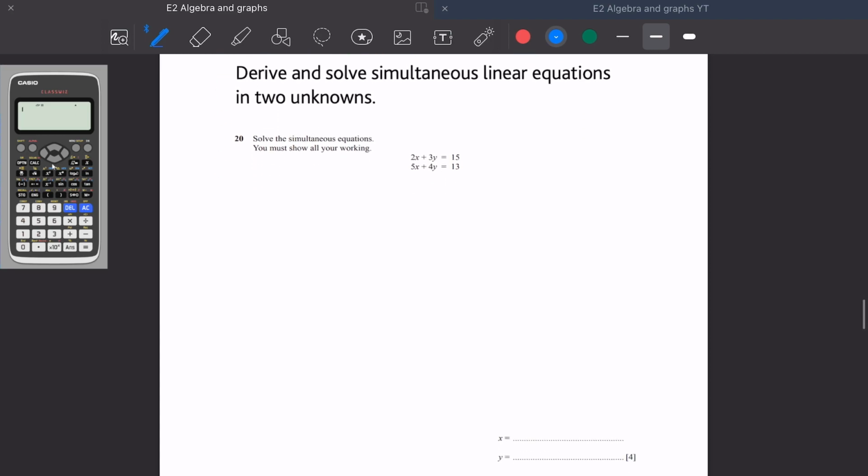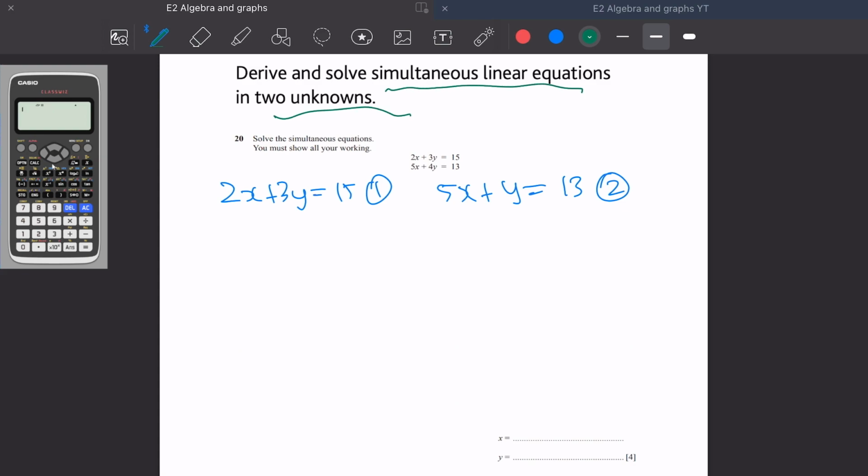The next question is derive and solve simultaneous linear equations in two unknowns. So we have two simultaneous equations, 2x plus 3y is equal to 15 and 5x plus 4y is equal to 13. Now, to solve simultaneous linear equations in two unknowns, we have to get one of the variables to have the same coefficient.